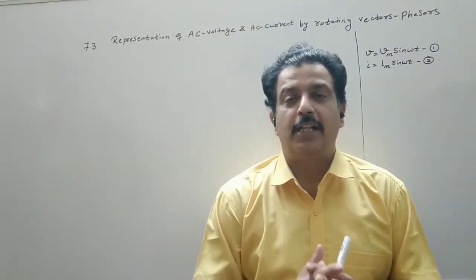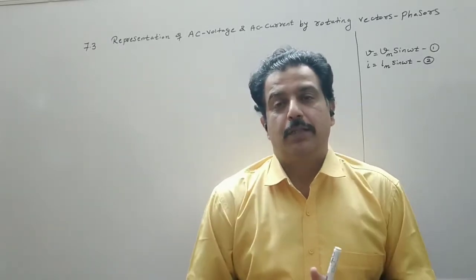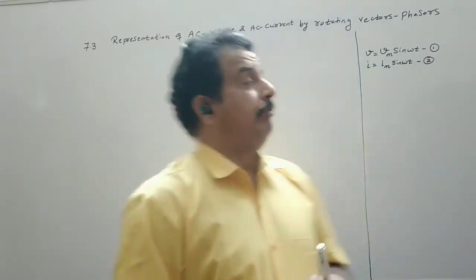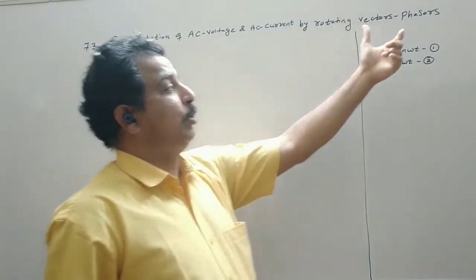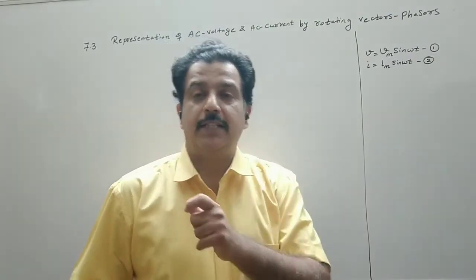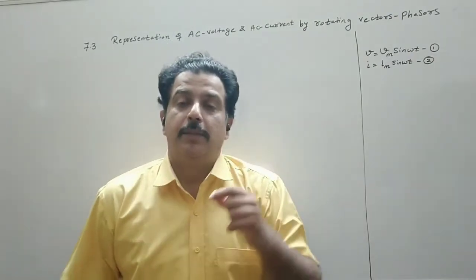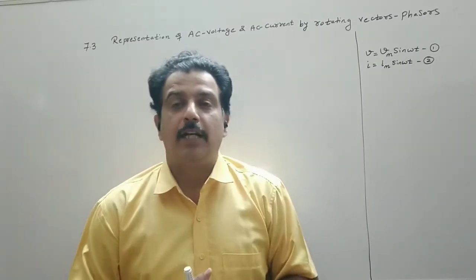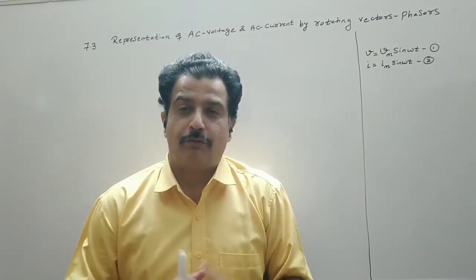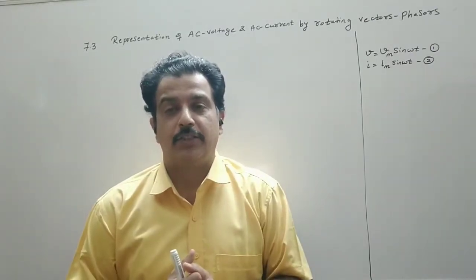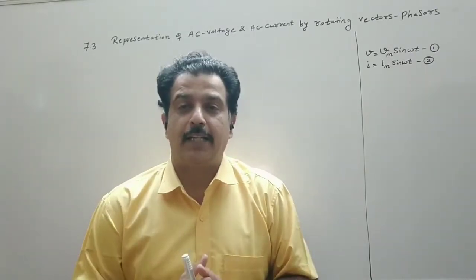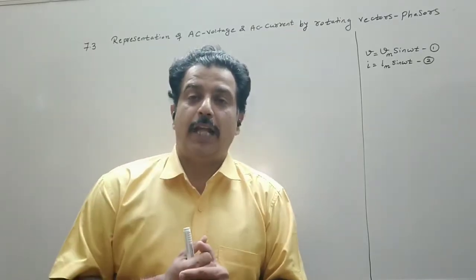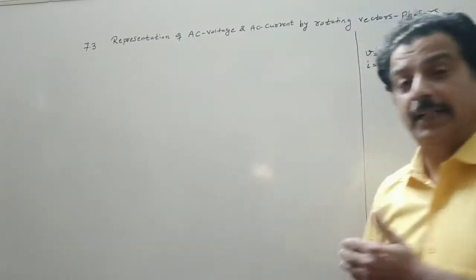Now to understand clearly this concept of leading and lagging of the current, or a phase difference, we introduce a concept of a phasor. So phasor is nothing but a pictorial representation of the current and the voltage in the circuit. So from the pictorial representation, or we call it a phasor diagram, we will easily find out whether the current leads or lags the voltage and by how much degree.